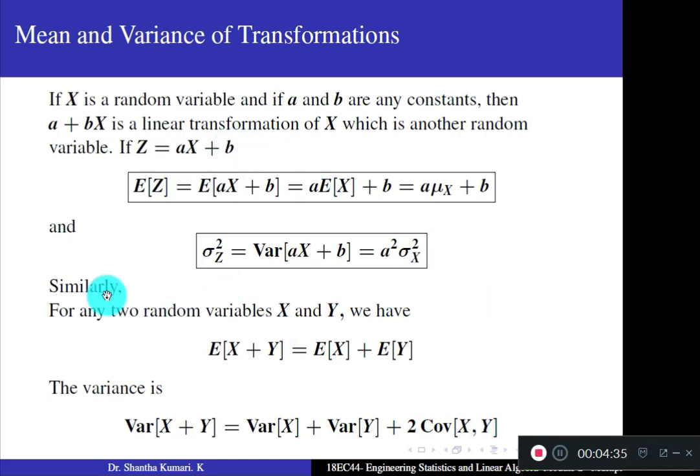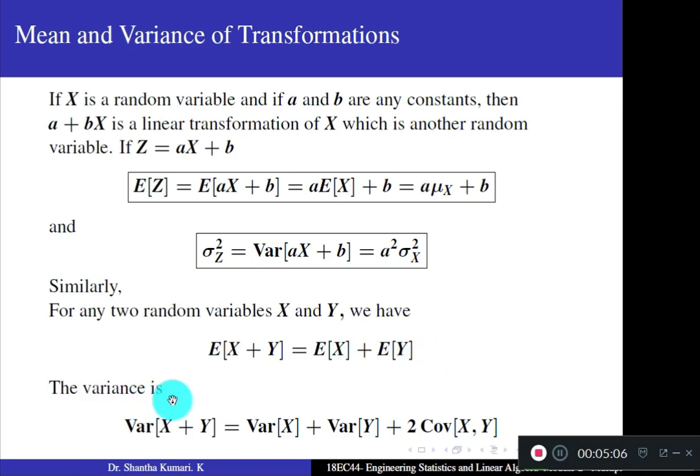Similarly, this was the case of a single random variable x. Now if you have two variables x and y, how do we find the expectation of x plus y? By the linearity property of expectation, which is nothing but integration in the case of continuous random variables, you can easily split and write this as expectation of x plus expectation of y.